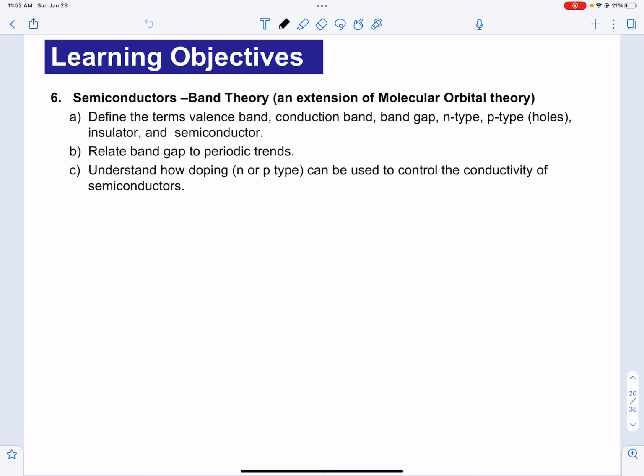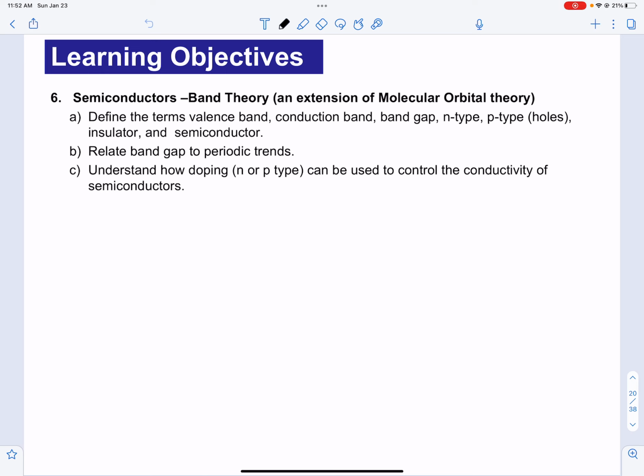We're doing semiconductors. We're going to study the band theory, which is based on the molecular orbital theory that you study in Chem 1411. Once we go into the band theory, we're going to talk about a valence band, conduction band, what is the band gap, what is an N-type and P-type, holes, what is an insulator, and what is a semiconductor.